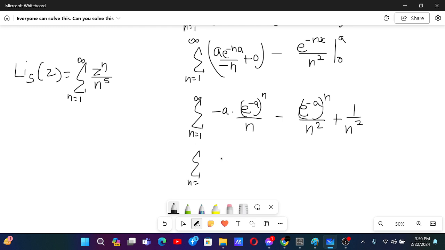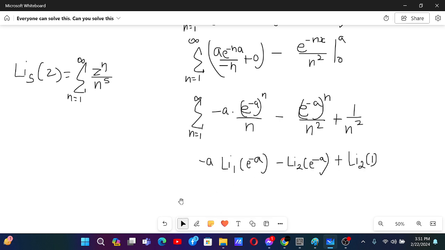And let me not write the sum now because I'm going to use this definition. So this is Li1 of e to the power minus a, and over here this is Li2 of e to the power minus a, and this is just Li2 of 1.